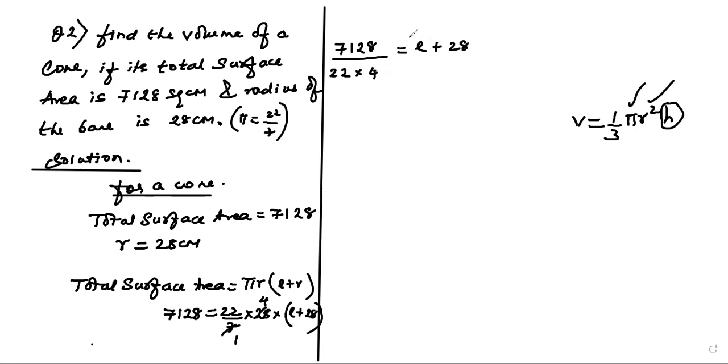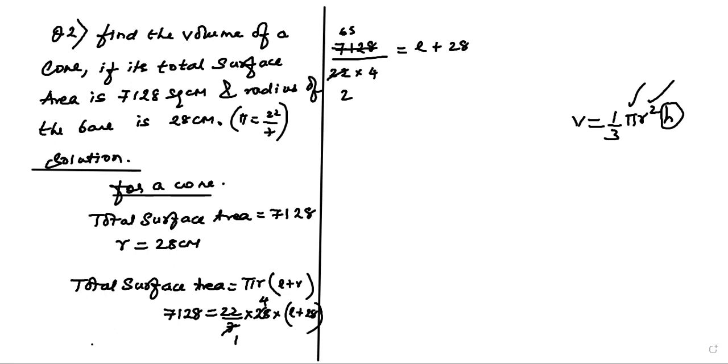That means only L is unknown. I can find that. 11 two times, this number goes in 11. 11 6 are 66, remainder 5, 52. 11 5 is 55.